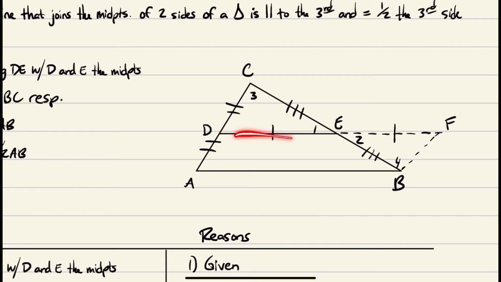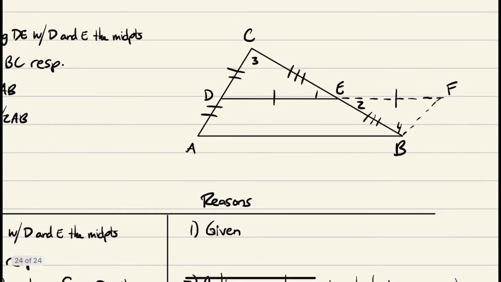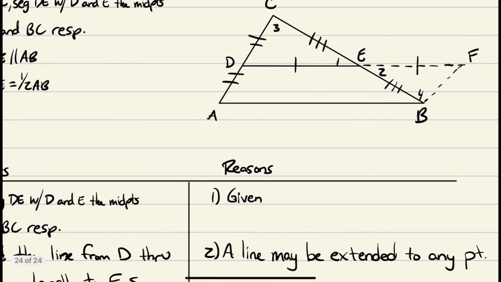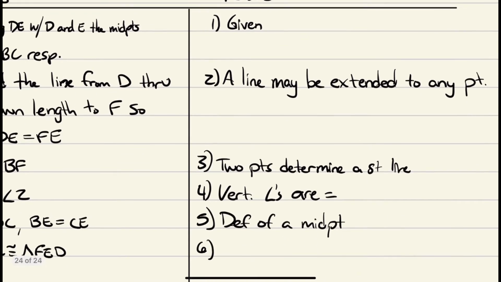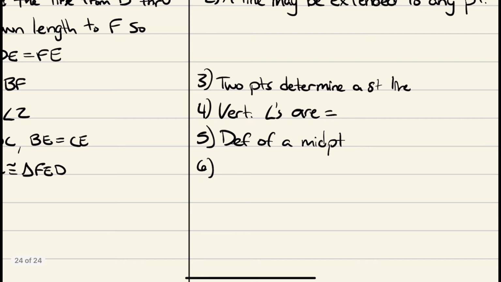We said that this side is equal to this side because we extended it its own length. And we also stated that these two angles are equal to each other because they're vertical angles. So we have a side equal respectively, an angle equal respectively, and another side equal respectively to another side of another triangle. And so by side angle side, we can prove these triangles are congruent.